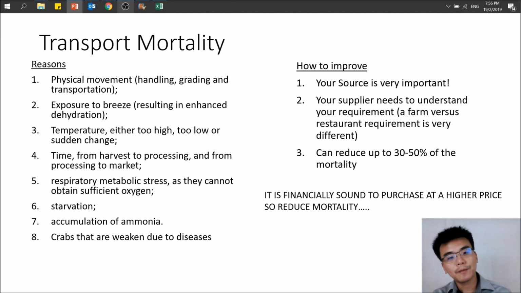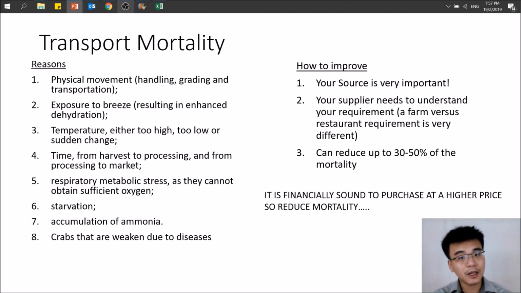When they are transported, usually they lose some of their weight due to starvation, and crabs in general accumulate ammonia in their body, and they need water to purge out that ammonia accumulated in their bloodstream. So the important factor that we want to remind everybody of is that your source is very important.